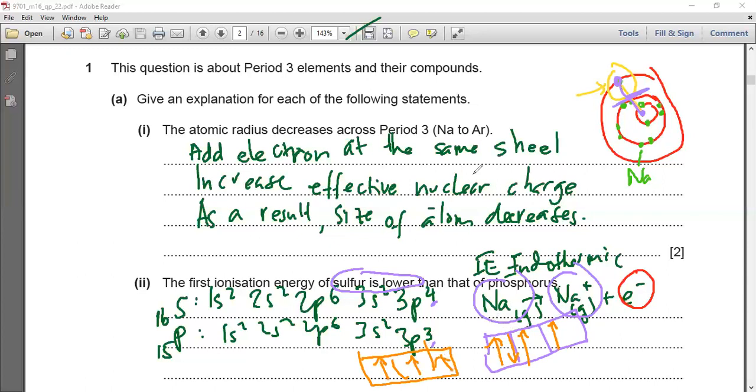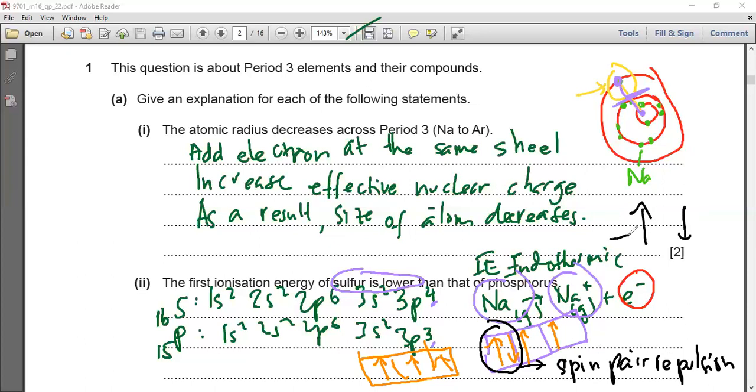As you can see, the one that I draw has paired electrons in one orbital. This causes spin pair repulsion. Once you have spin pair repulsion, these two electrons repel each other, making it easier to remove this electron from the outer shell.